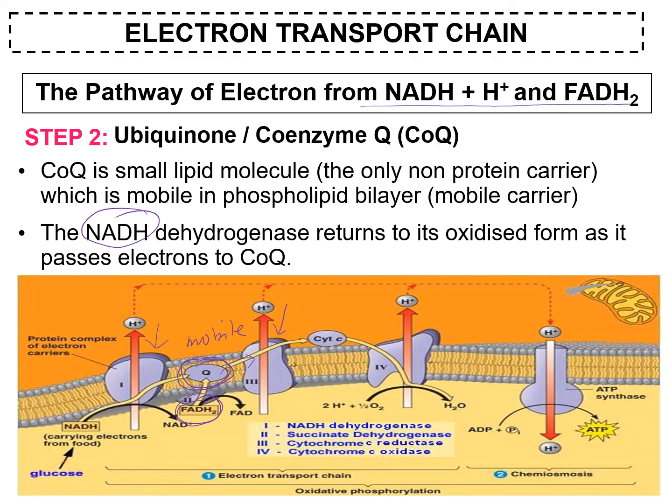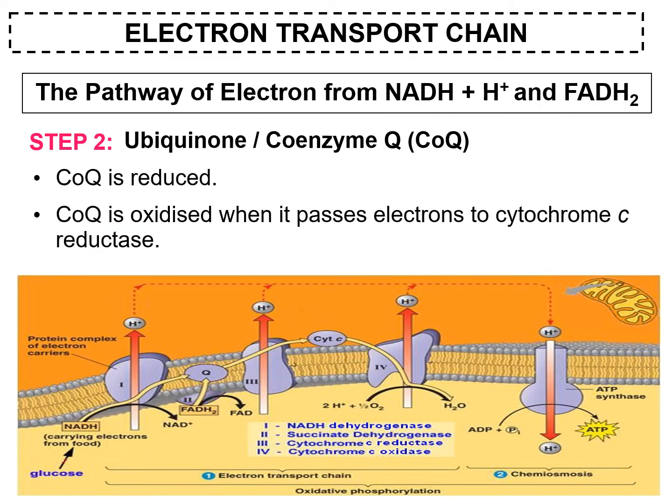Okay, so it gets electron from both parties, complex 1 and complex 2. So coenzyme Q is reduced and then it will be oxidized when it passes electrons to cytochrome C reductase. Here, the complex number 3.